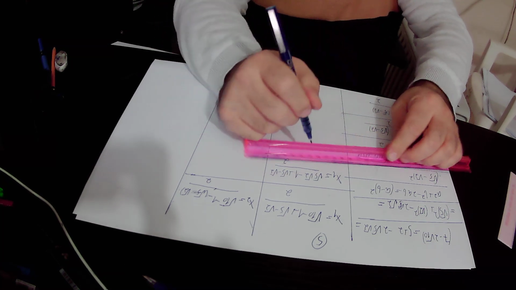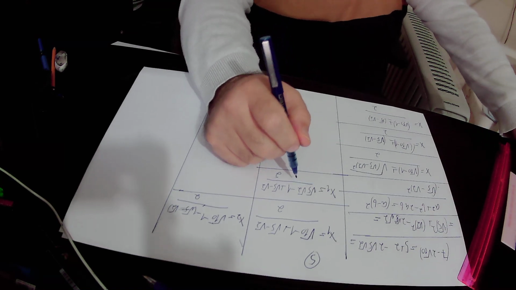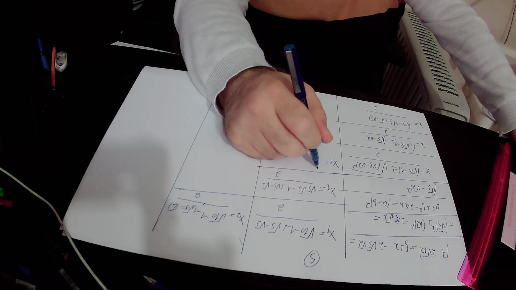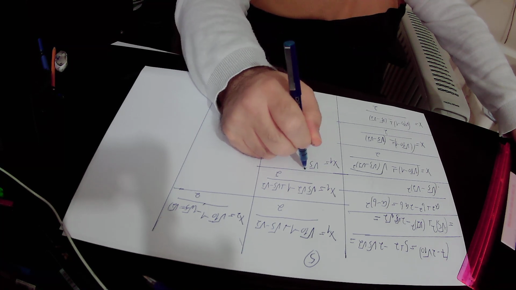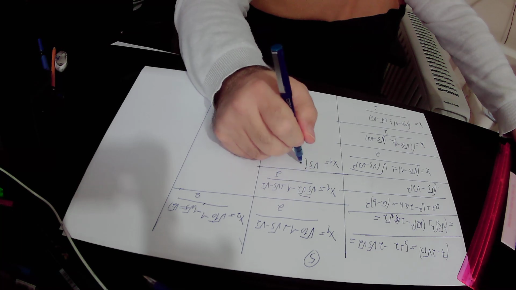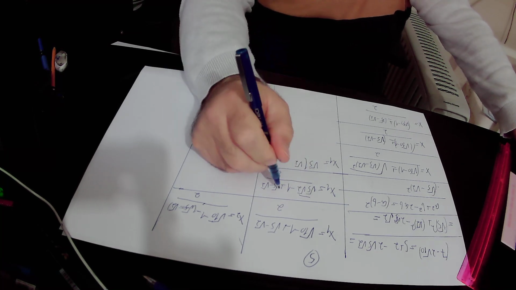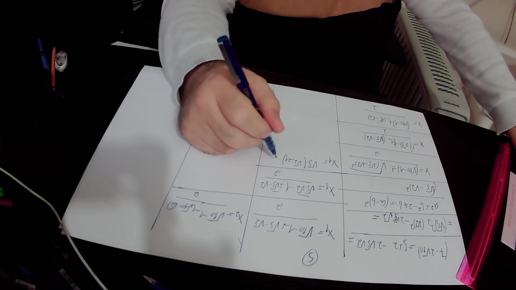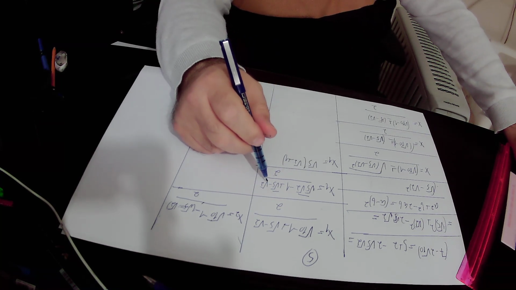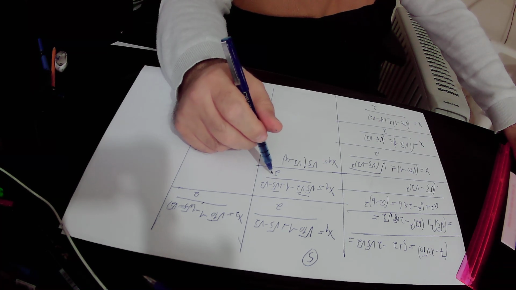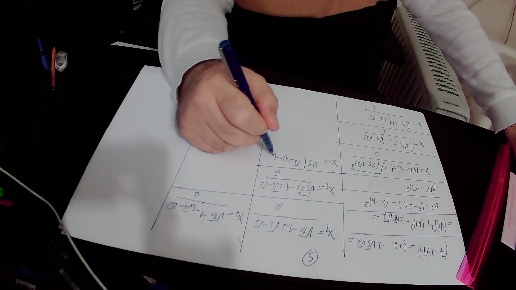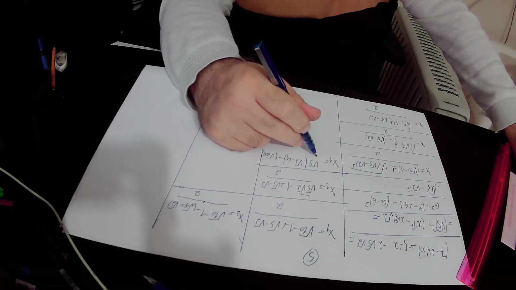So here we'll take the square root of 5 as a common factor, and we'll get that x1 equals the square root of 5 times the square root of 2 plus 1, and here we have minus 1 minus the square root of 2, so we'll take minus 1 as a common factor, and inside the brackets we will have the square root of 2 plus 1, all divided by 2.